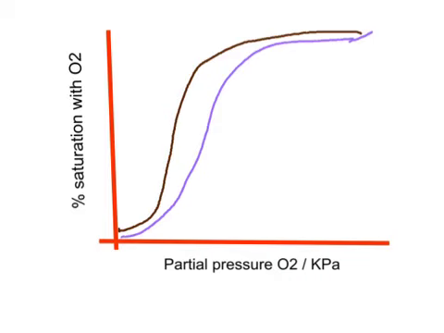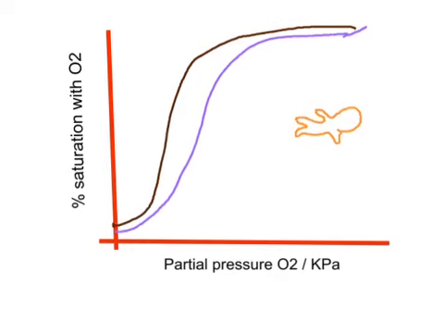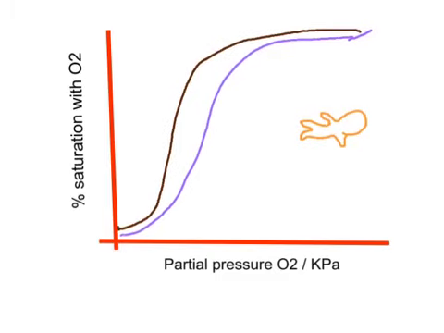Now it works as follows. If a fetus is growing inside a mother, and I'm going to draw a very crude and badly drawn fetus here, so I'll draw the head, limbs, that'll do. The fetus is growing inside the mother, and therefore the fetal blood and the mother's blood is actually separate. But the mother's blood passes through the placenta, well, not through, but near the placenta, and the capillaries allow exchange to happen.